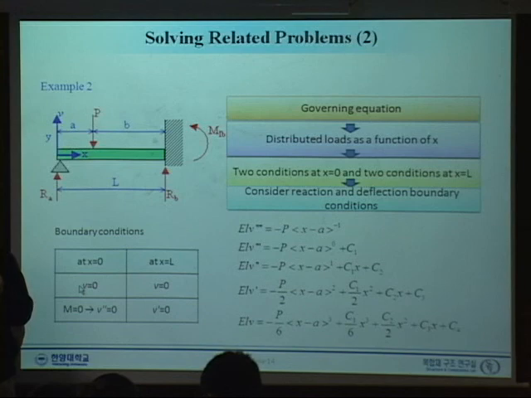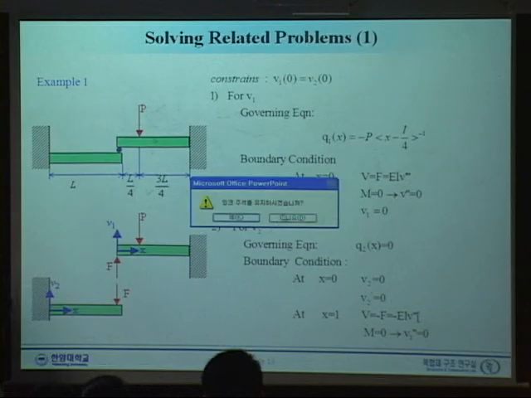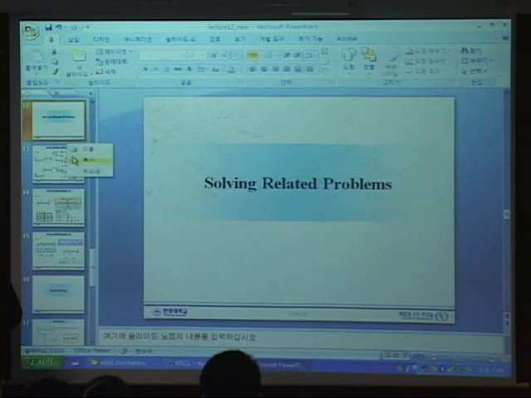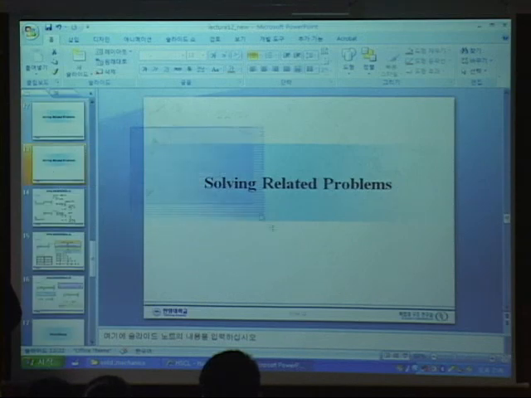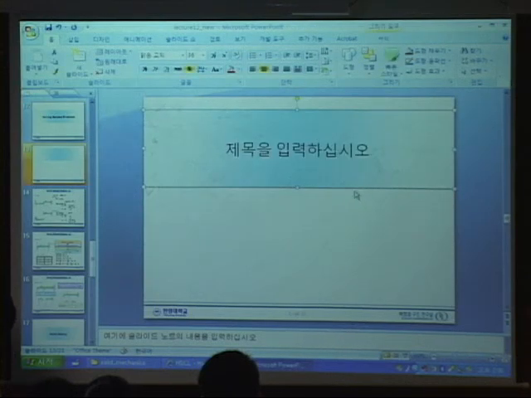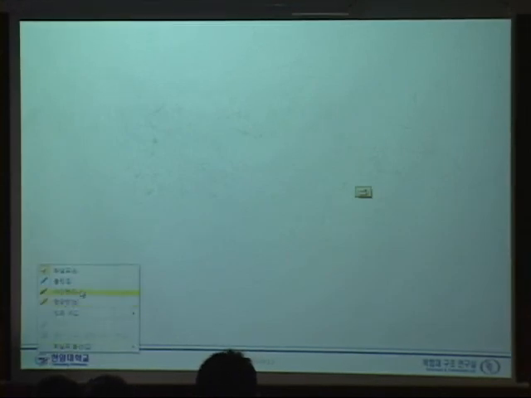Now, let's try to solve a real problem. Now we have learned what the governing equation is and what the boundary conditions are.